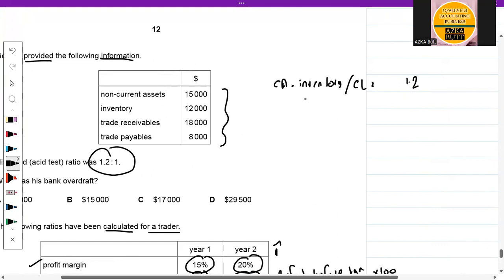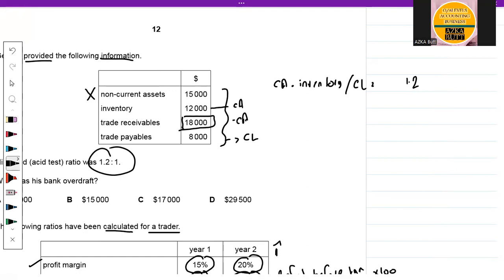From current assets we have to deduct inventory. Trade receivables are current assets, inventory is also part of current assets, and trade payables are a current liability. Non-current assets would not be part of this formula. So we should not record the inventory, because I've deducted the inventory from the current assets.